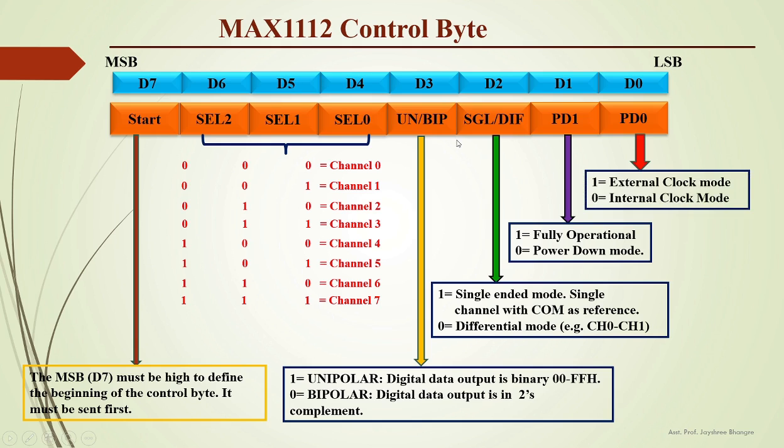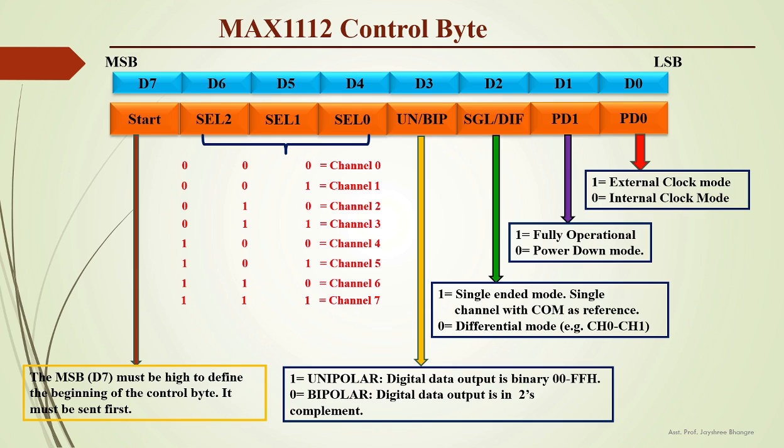Next bit is PD0. Here the external or internal clock is decided. If we make this bit equal to 1, then external clock mode is selected, where the conversion speed is dictated by SCLK, that is the serial clock.